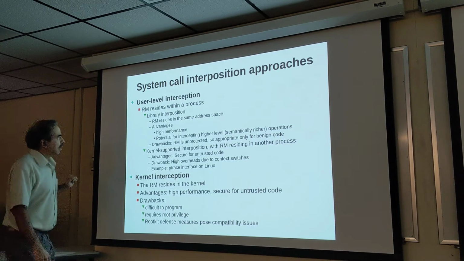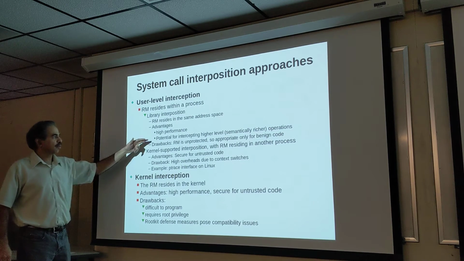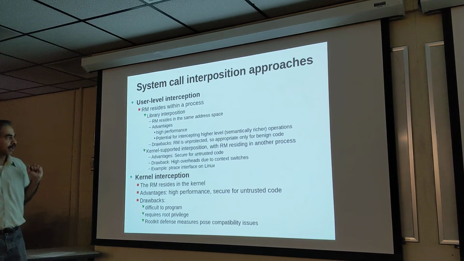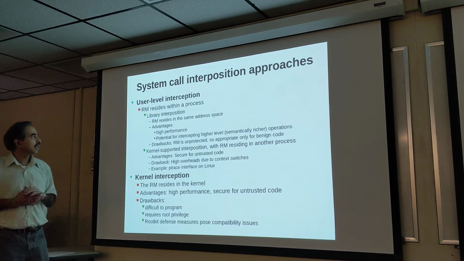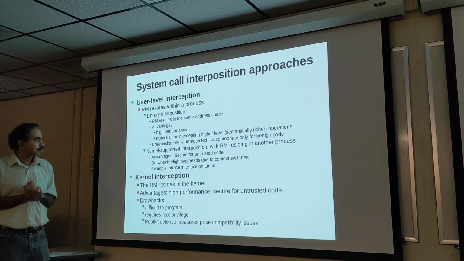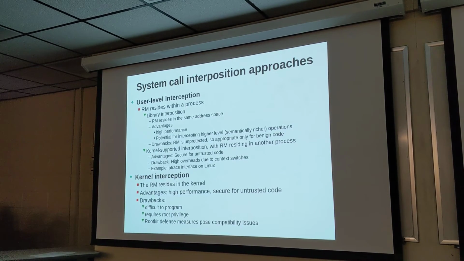So you have high performance, and you have the ability to intercept higher level operations, not only system calls, but any library operation could be intercepted if you are basically intercepting library calls. Okay, so the problem, of course, is a security problem, and then you have the second approach, which is that the checker actually runs in a different process.